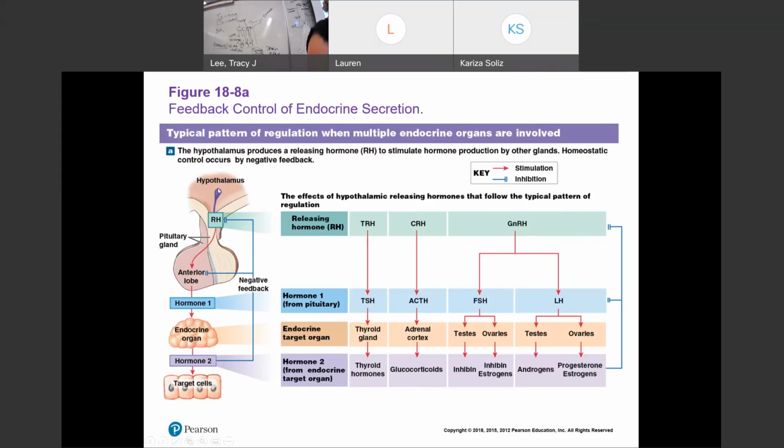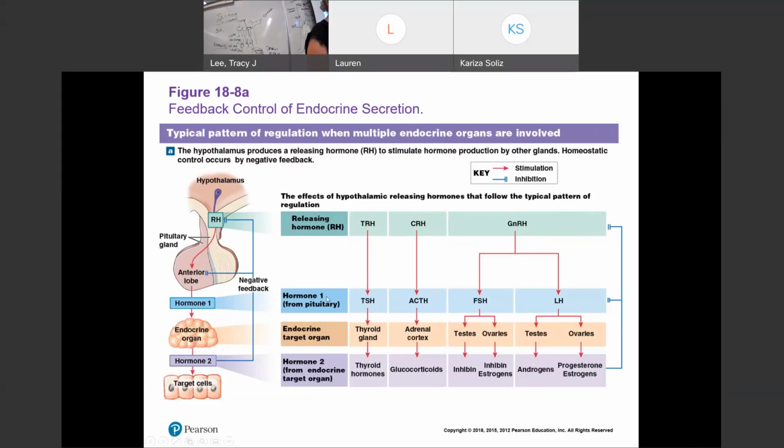So here's an example. Here's our hypothalamus. We're doing some sort of a releasing hormone. And in this case, we'll look at this chain right here. The hypothalamus will secrete a hormone called thyroid releasing hormone. And that travels through the portal vein system to the anterior lobe.